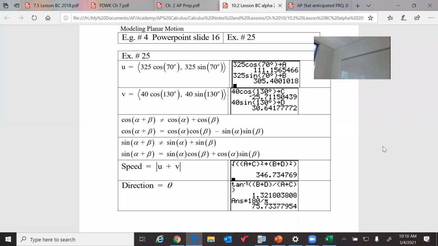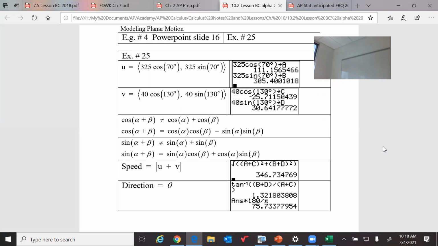Here's U, here's V. So what did I do? I just went to the calculator, meaning you're not going to be held accountable for exact answers with 70 degrees and 130. I mean, you recognize that. So I stored 325 cosine 70 degrees in A, 325 sine 70 degrees in B. And I did the same thing for C and D.